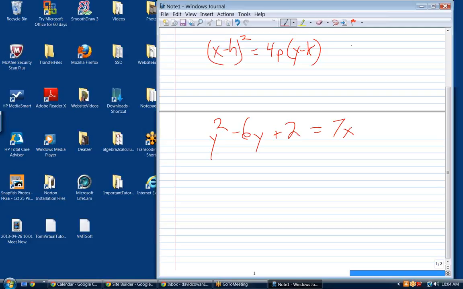And if it's a horizontal parabola, it's (y minus k) squared equals 4p times (x minus h). In other words, we need to take this formula and get it into one of these two formats. Well, we can see it's got to be the horizontal format.